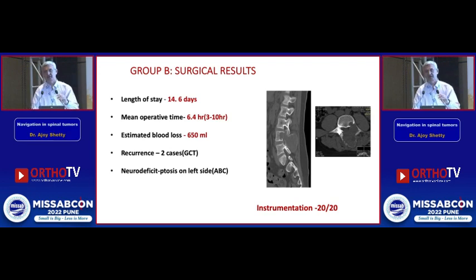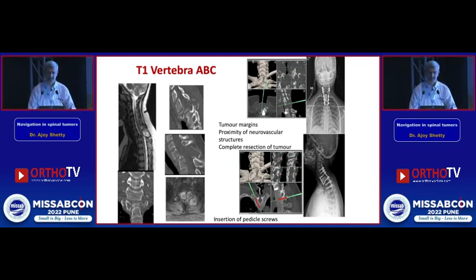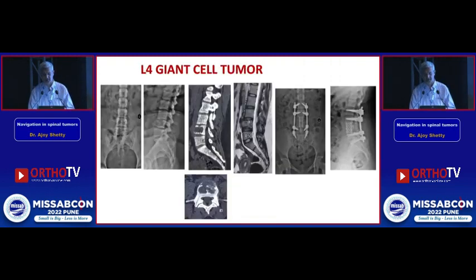You cannot predict the chances of recurrence, but it helps us to plan your surgery so that intraoperatively, you can localize whether you have excised the overall extent of the tumor, whether you are able to get the safe margin and do the reconstruction. Here, the usage is not in overall excision of the tumor, but planning your total resection, whether you are doing a global or a posterior approach.